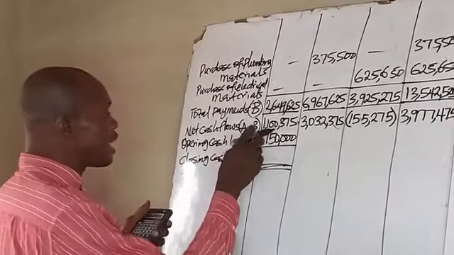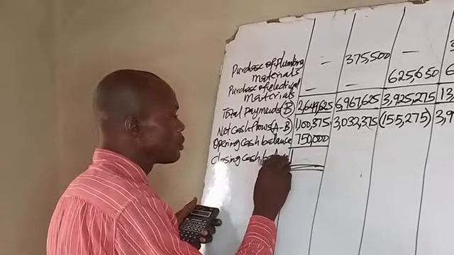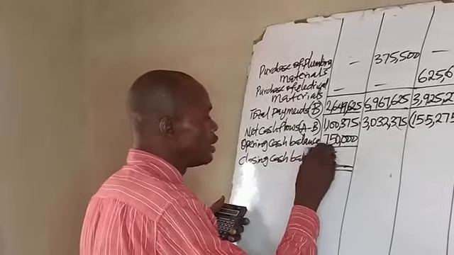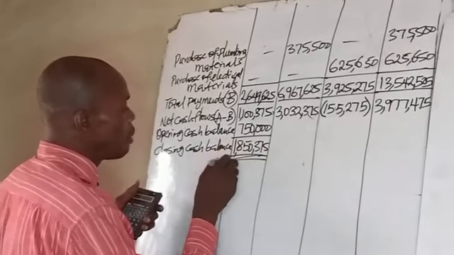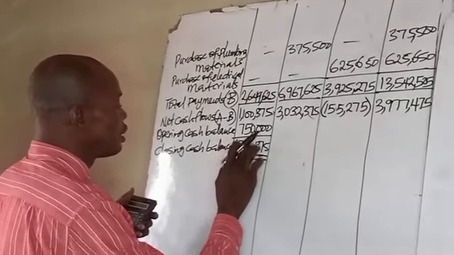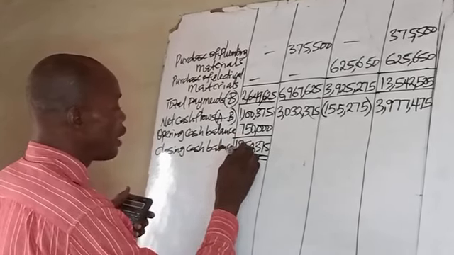So if you add the 750,000 to this, you have 1,850,375.